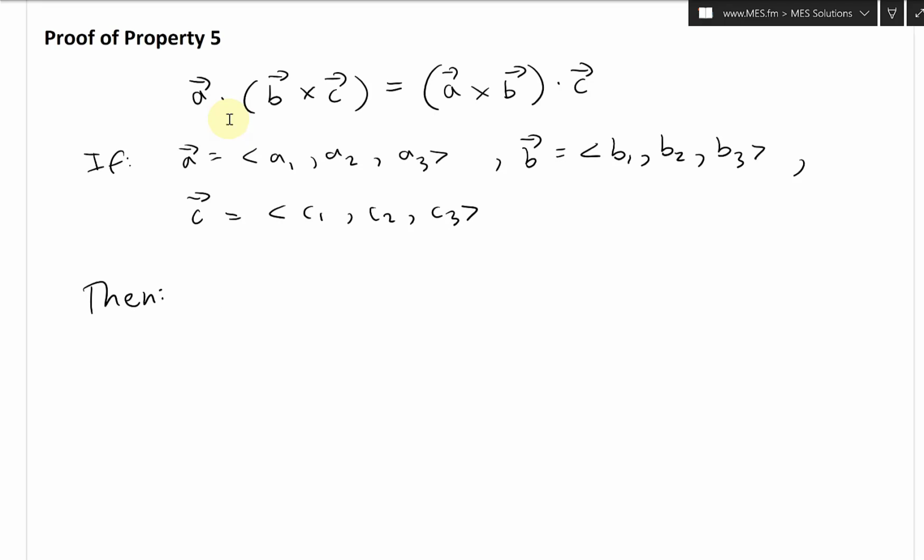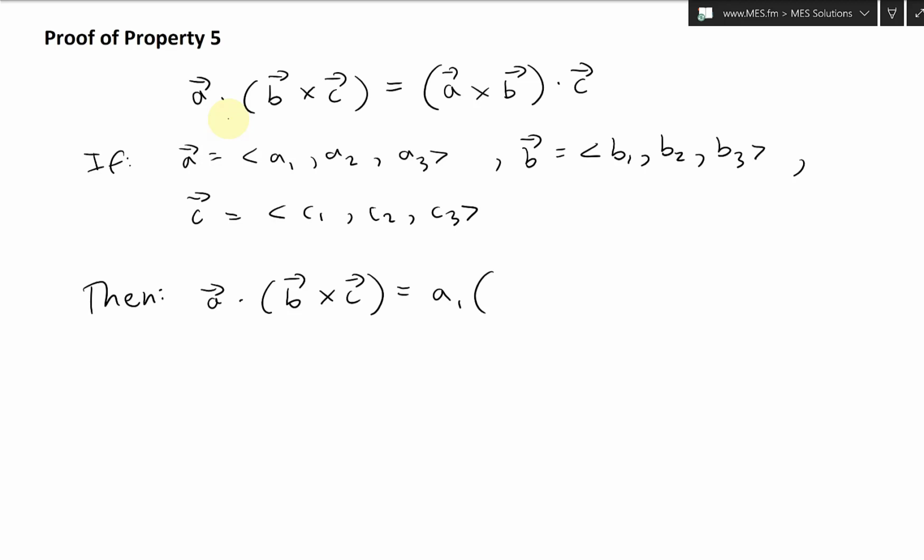Then, if we have that, let's say the dot product now. A dot B cross C equals, and again, remember the dot product, we just multiply each term. So the first one would be A1, and then the first term of this B cross C, which is a vector.